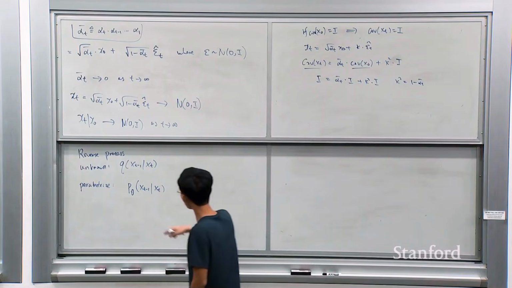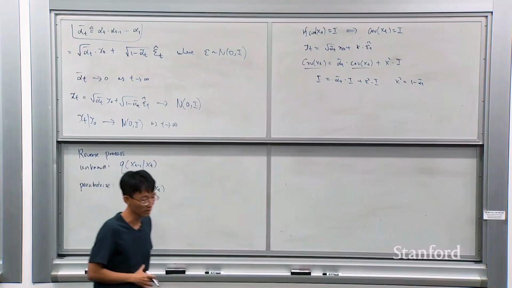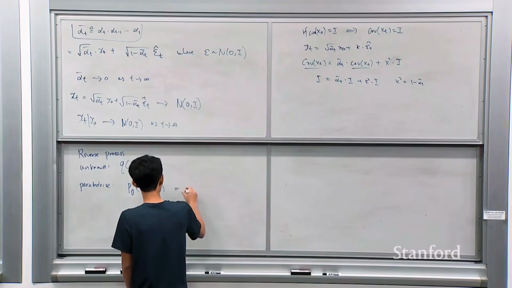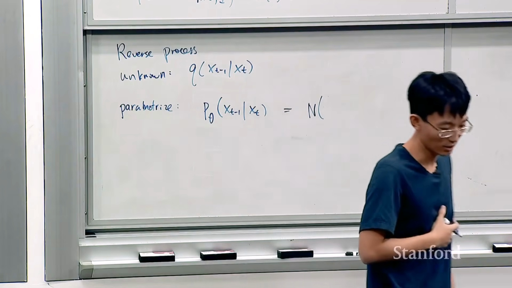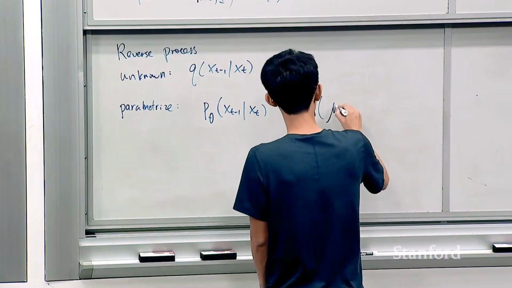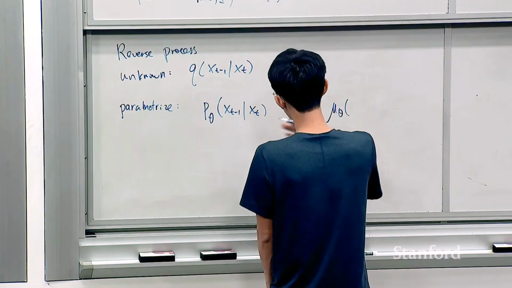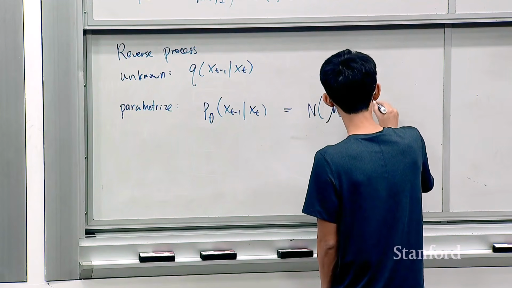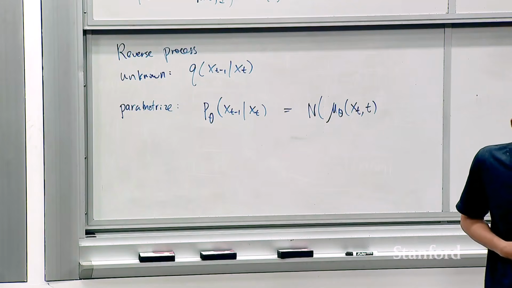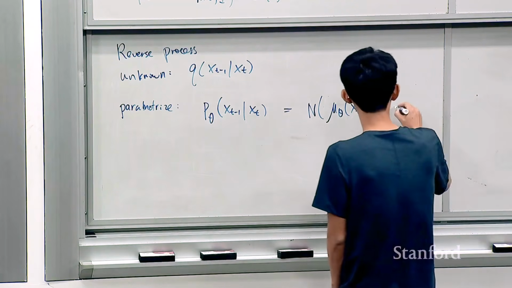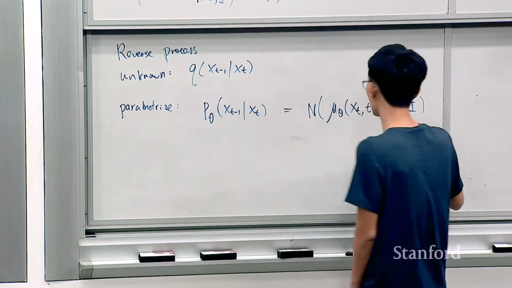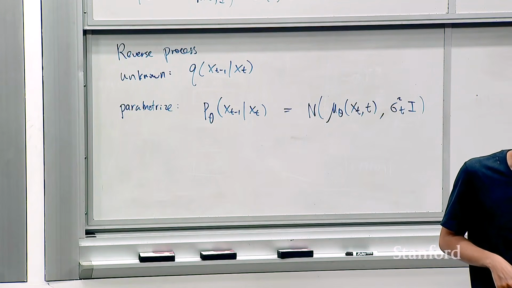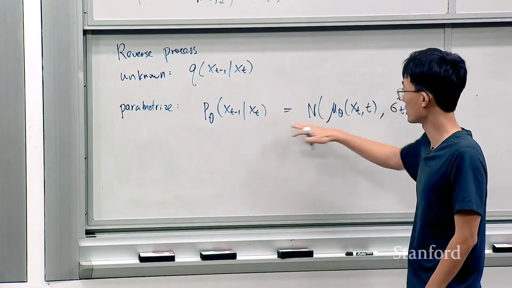This distribution is just going to be a normal distribution of this form. This is our choice. We choose this distribution to be a normal distribution, where the mean is a function of xt and t, and the variance is something like sigma_t squared. By the way, here we are using the variance as a squared number. This is my parameterization of this distribution.